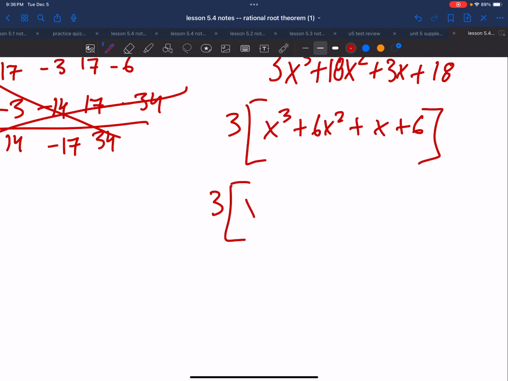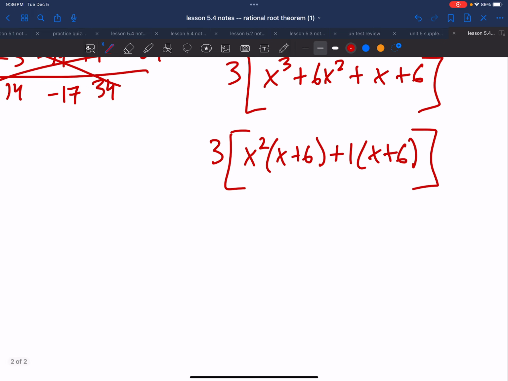Let's take out an x squared. I get x plus 6. GCF of x plus 6 is just 1, so that's x plus 6 as well. So yeah, factor by grouping did work. I don't need to do more synthetic division. So the way this factors is 3 times x squared plus 1 and x plus 6.